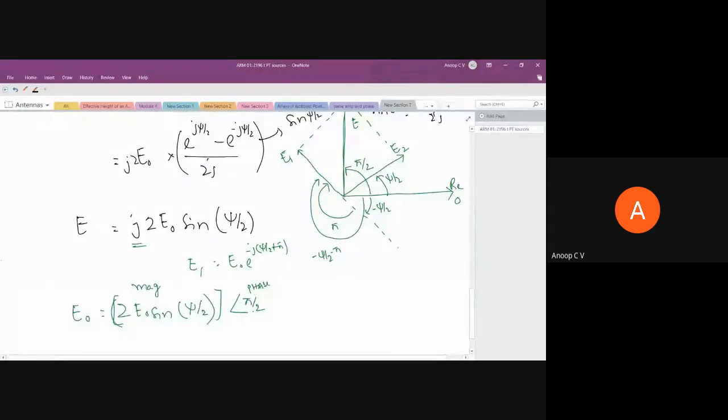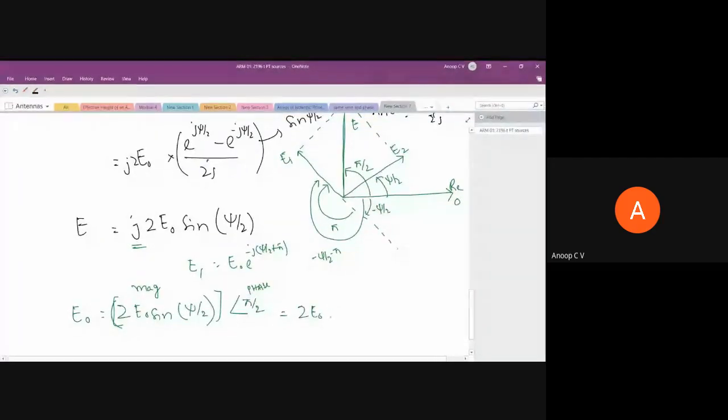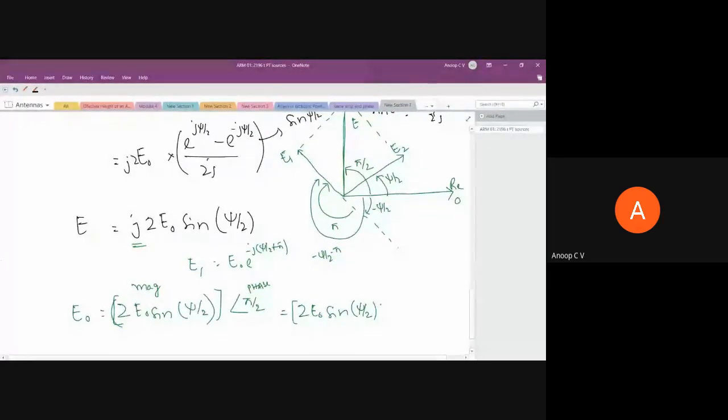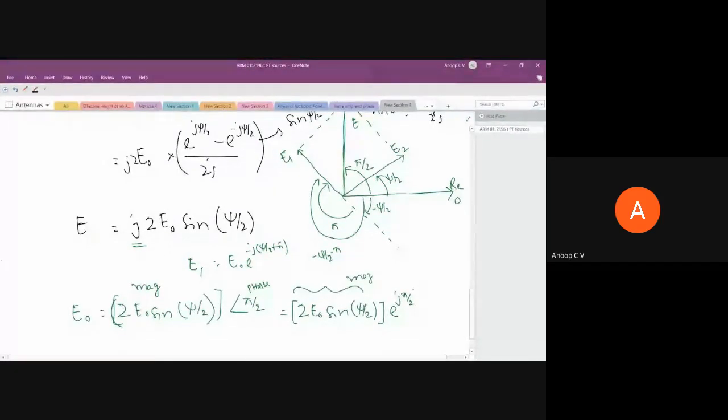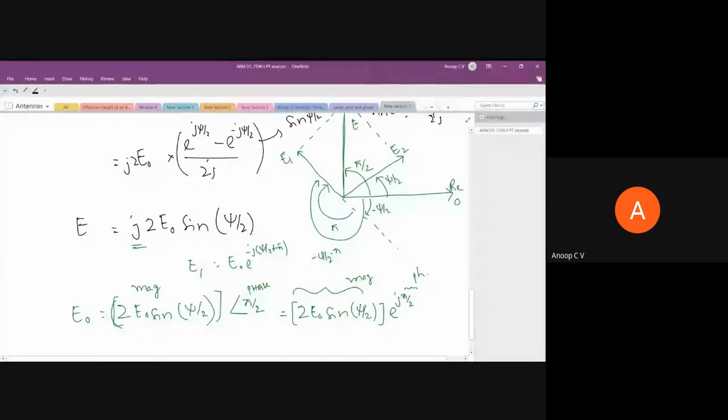Or else I can write this as equal to 2 E naught sine psi by 2 times e power j pi by 2. Again, this part is magnitude and this part is phase.